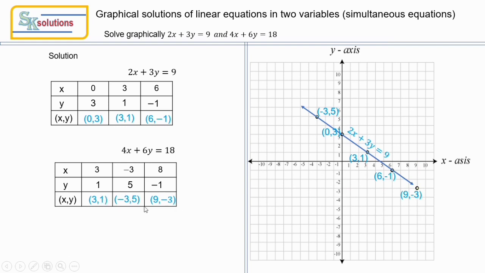If you join these 3 points, you can see you are going to get a straight line which will fall on the same straight line. That means these two lines are coincident lines. So in case of coincident lines, you can see here there are infinitely many points on a line.